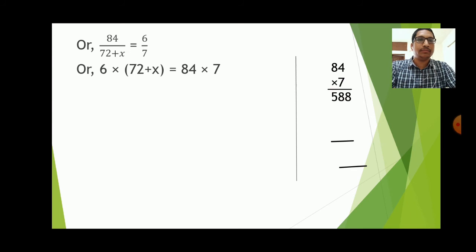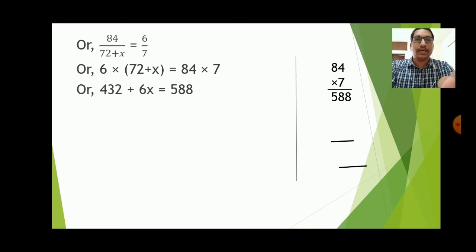So if we multiply 84 and 7, we will get 588.